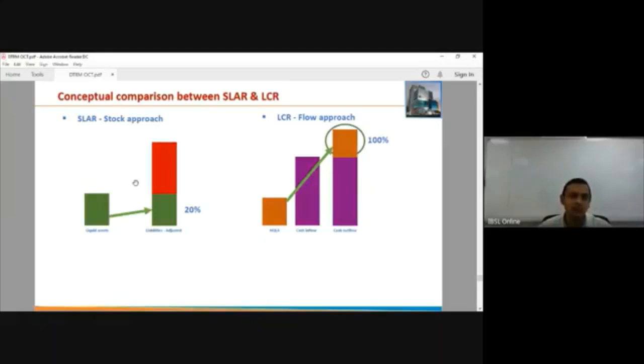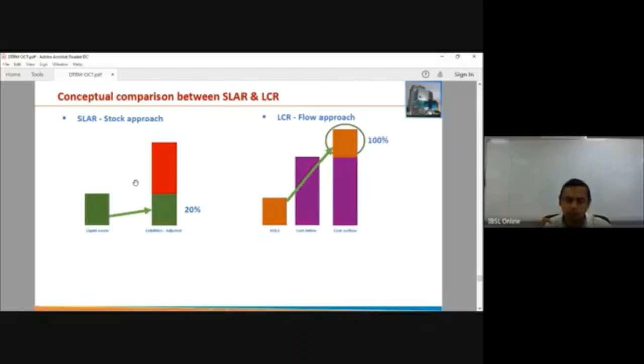So at the moment, the Monetary Board of the Central Bank of Sri Lanka has decided the minimum should be 20% of your liability, right? But remember, anytime the central bank can increase this 20% up to 40%. Beyond 40, they can't do, right?